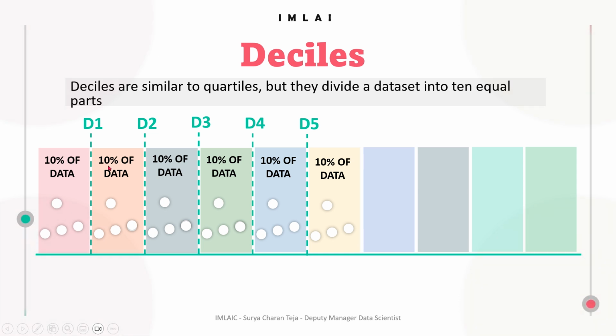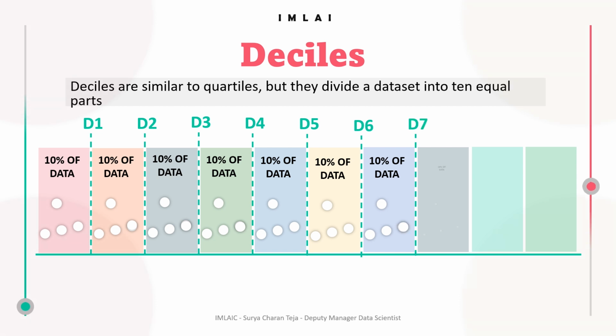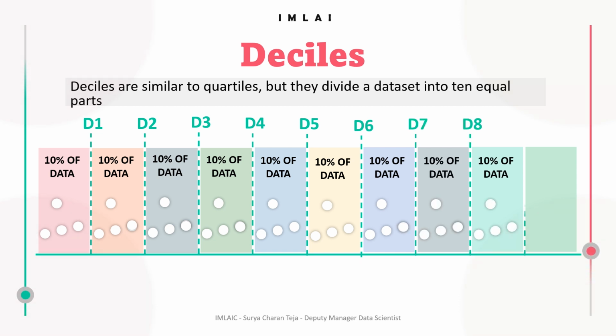See, 1, 2, 3, 4, 5, 50 percentage of the data falls below this decile 5 value. Same goes with decile 6, decile 7, decile 8, and decile 9, and finally, total 100 percentage of the data set will be fit here.